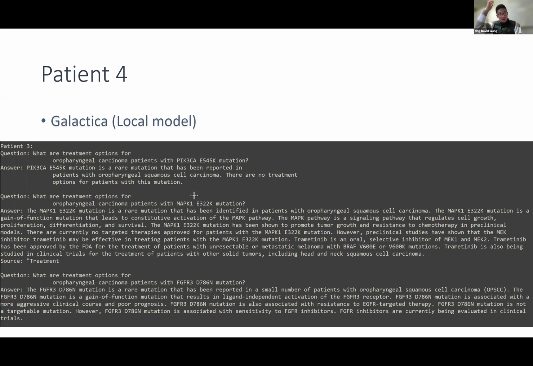Here we can see that the answers are not as detailed as ChatGPT. And for example, for the PIK3CA mutations, it didn't suggest any treatments in this case. But there are always some differences between each suggestion.